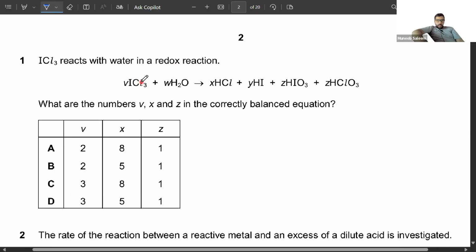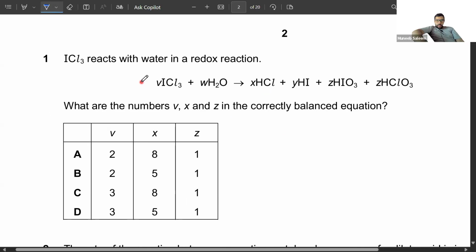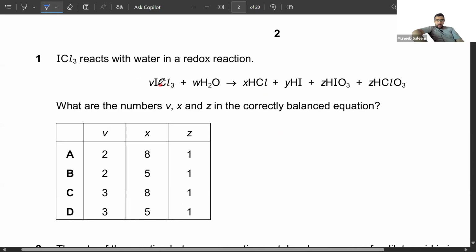Now, if we look at this equation, we can see that we have two types of iodine mentioned on the right side and two types of chlorine mentioned on the right side. And these are the only elements that must be balanced properly.